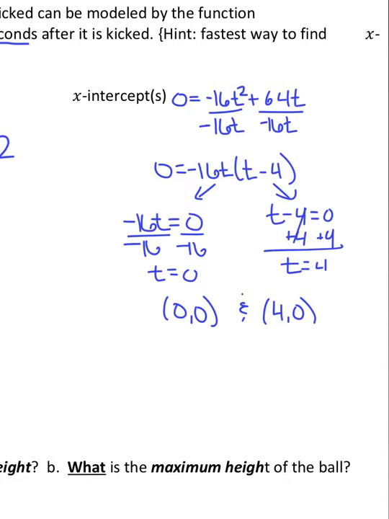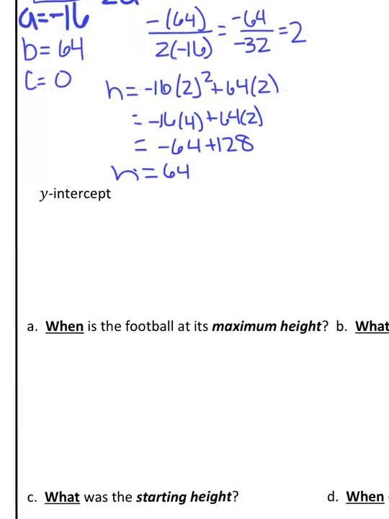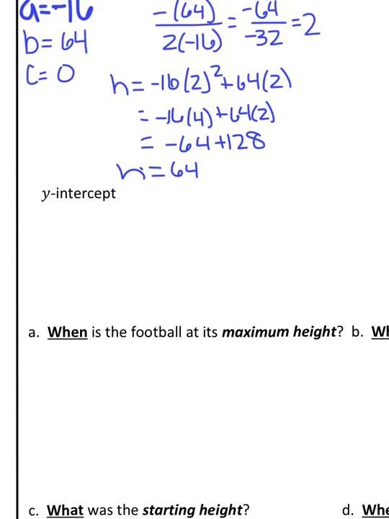Okay, and then I want you to find the y-intercept. Now we haven't done the y-intercepts yet really this year, but if you remember, to find any y-intercept, we make x 0 and solve for y. So here's my equation. h equals negative 16t squared plus 64t. So we're going to make the x equals 0, which in this case means the t equals 0.